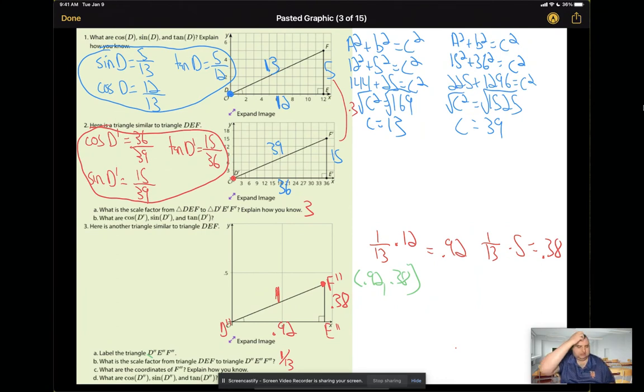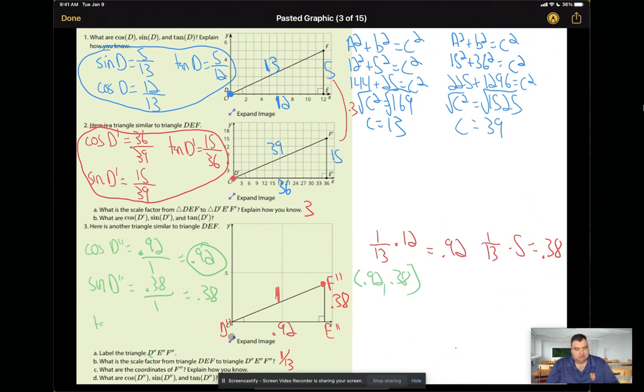And what are cosine of d double prime, sine of d double prime, and tangent of d double prime? I'm going to do the same thing I did in the first two examples. So cosine is adjacent over hypotenuse, so that's going to be 0.92 over 1, which is 0.92. Sine of d double prime is going to be opposite over hypotenuse, so that will be 0.38 over 1, which is 0.38.